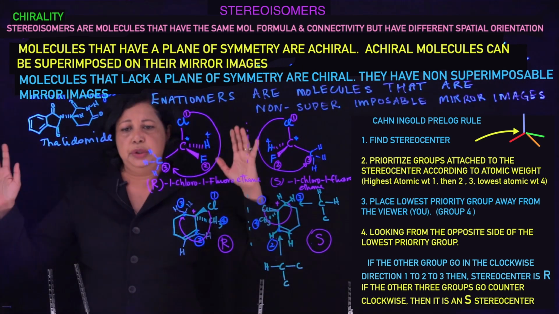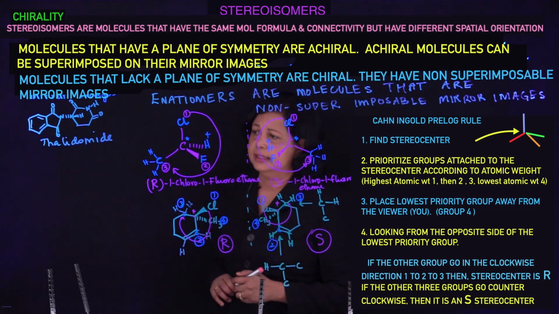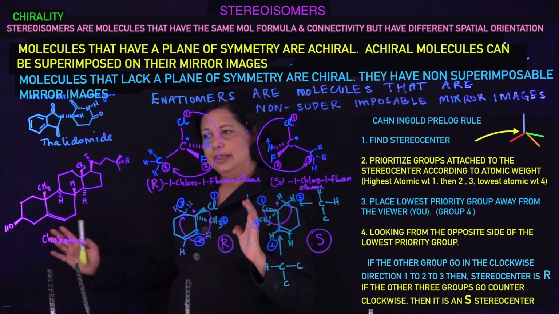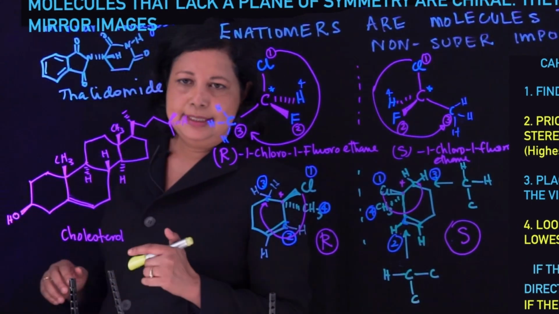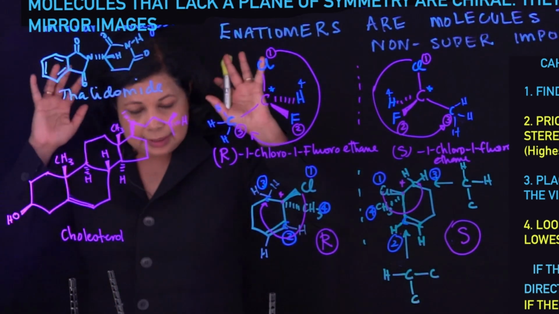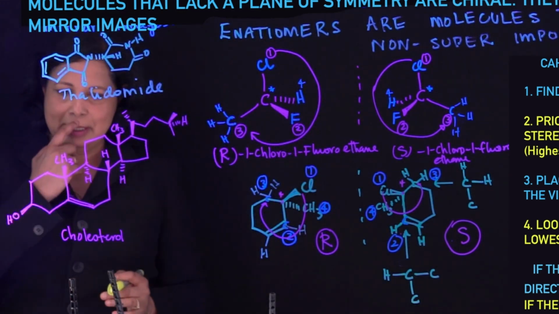And let's say you have a huge molecule with lots of chiral centers. How are you going to do that? So let's look at this molecule and see how many chiral centers there are. It's kind of complicated, making your head spin.